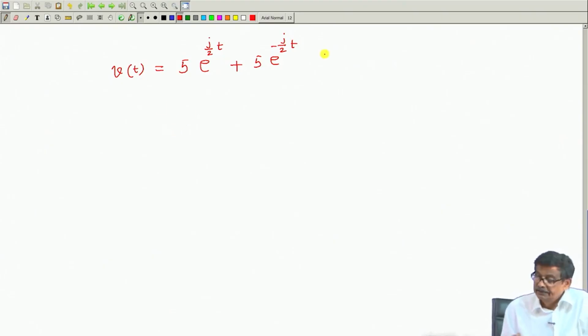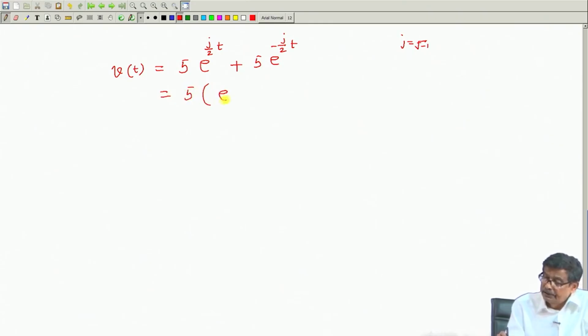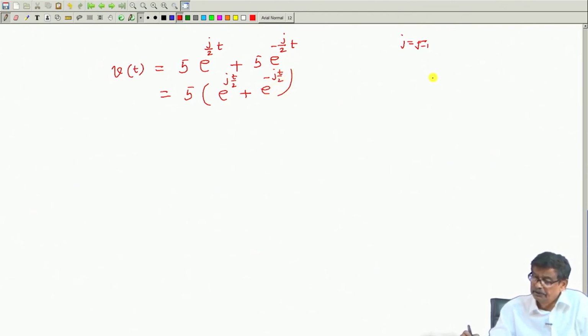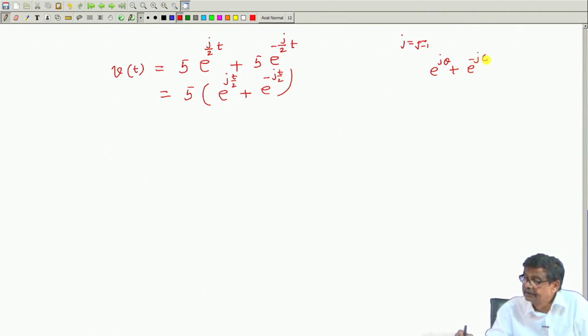Now, j is root over minus 1, purely imaginary. Now, these two terms can be combined together, e to the power j t by 2 plus e to the power minus j t by 2. You must be remembering that e to the power j theta plus e to the power minus j theta will be equal to 2 cos theta.